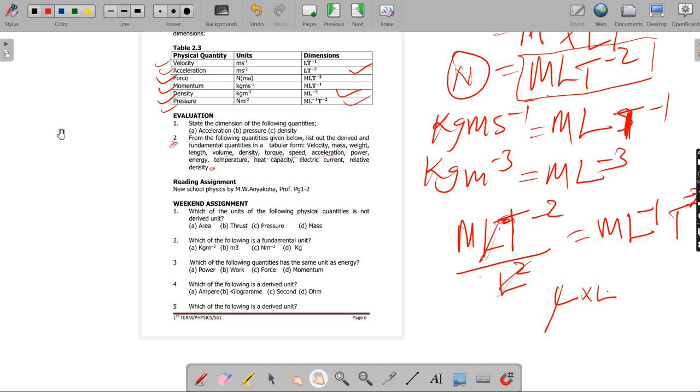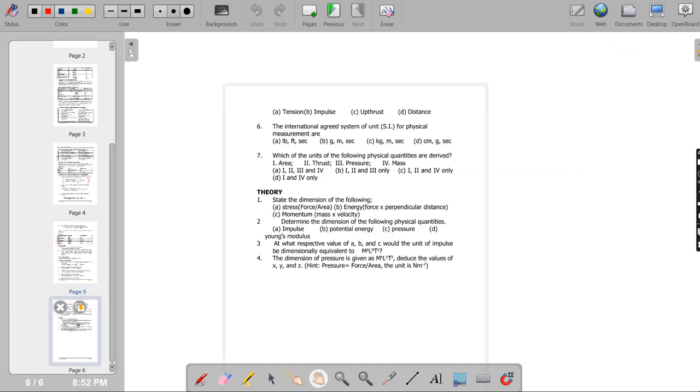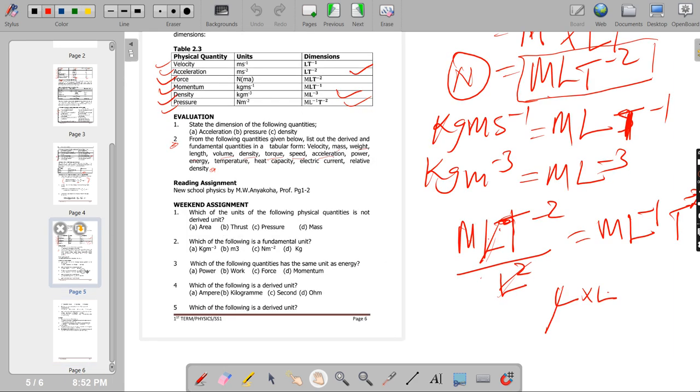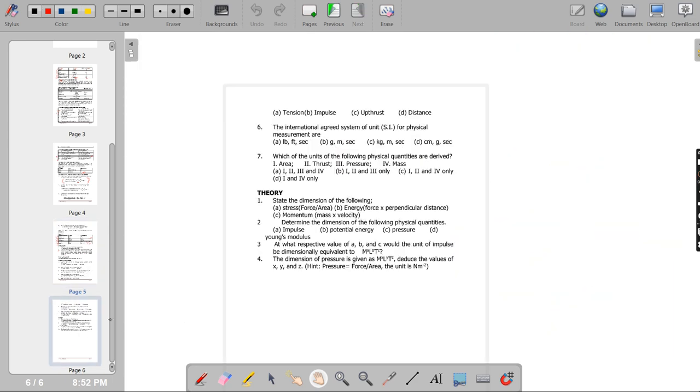All right. Okay, I think there is another page here. Let me look. Yes, there is. So the weekend assignment continues here, and you have other objective questions, and then you also have theoretical questions. So do well to attend all the questions.